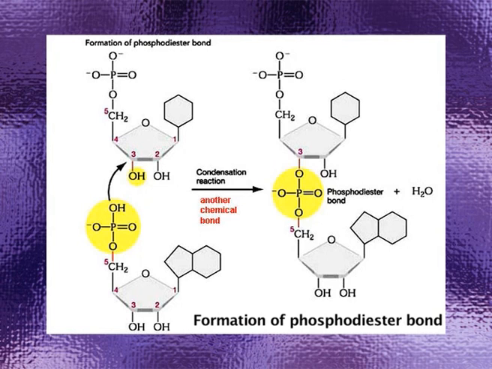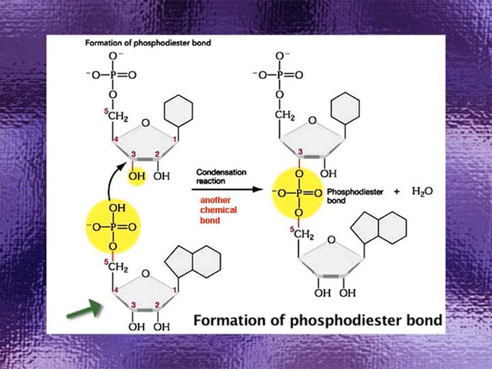Now, each nucleotide is joined to the next nucleotide by means of a phosphodiester bond. The phosphodiester bonds are strong covalent bonds, and it is because of them that polarity is imparted to the polynucleotide chain. Now, how are the phosphodiester bonds formed? Suppose this is a nucleotide.